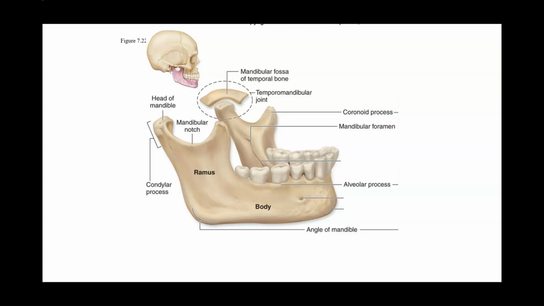And there's a left ramus and a right ramus, so these structures are paired. This anterior projection of the ramus is known as the coronoid process. And the posterior projection is known as the condylar process. And the end of the condylar process is known as the head of the mandible.